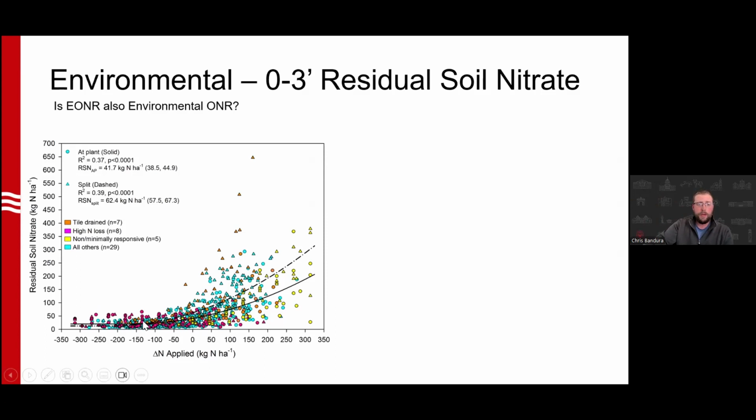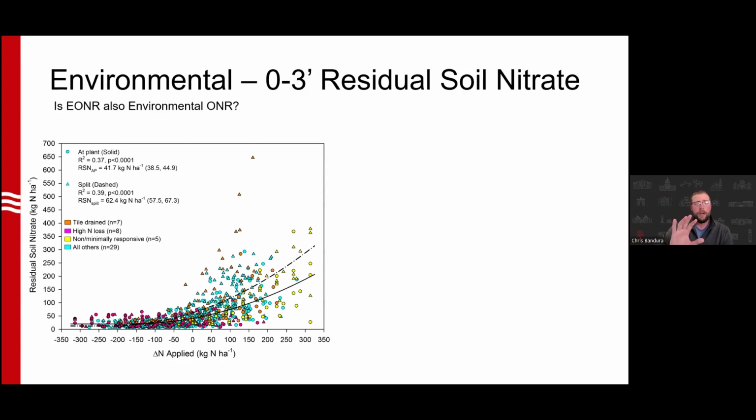When you fit these response models, with 0 being the perfect N rate, the solid line being our at plant time, and the dashed line being the split applied N, we actually did see a significant difference in residual soil nitrate between timings. On the average across this data set, the split application was resulting in about 20 pounds of nitrogen per acre more being left in that profile than the single at plant.